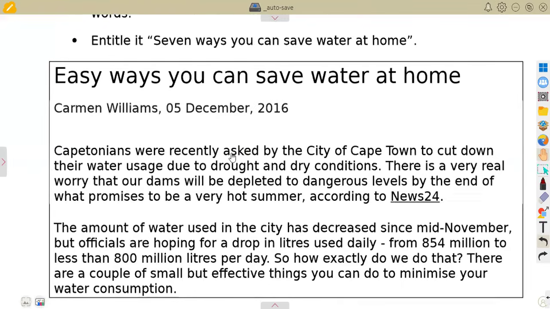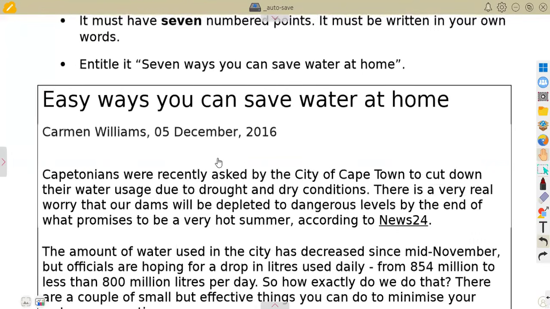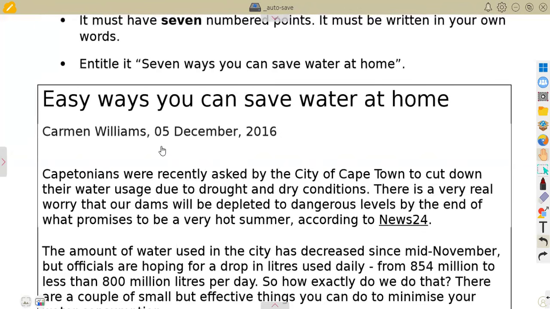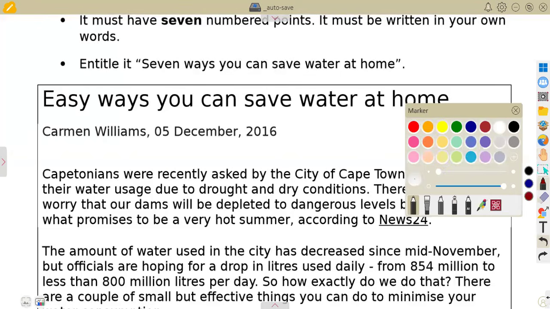Then I want us to look through this question paper. As you can see at the top here, there is what we call a heading. And the heading you are given there is what? Easy ways you can save water is your heading.